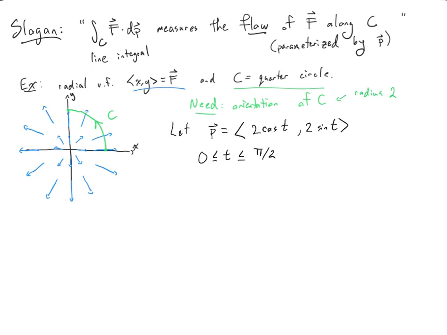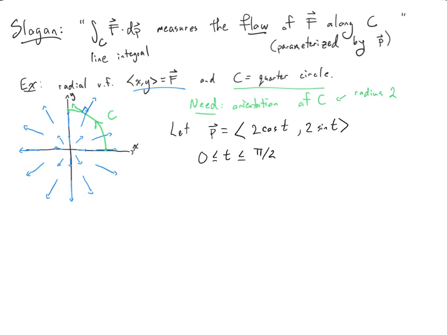So let's now first figure out what we expect to be true, and then double check that it is true. So at every point of C, my tangent vector and my radial vector are orthogonal to each other.